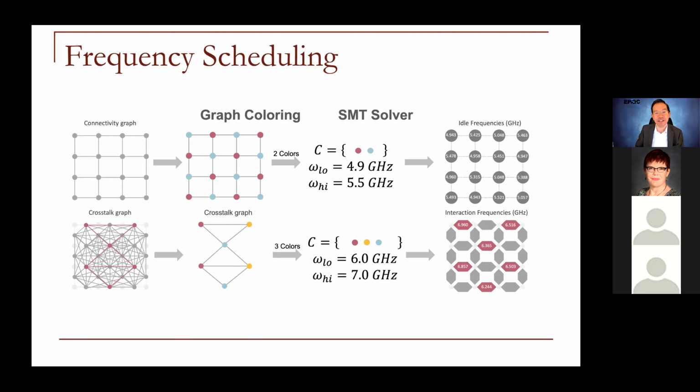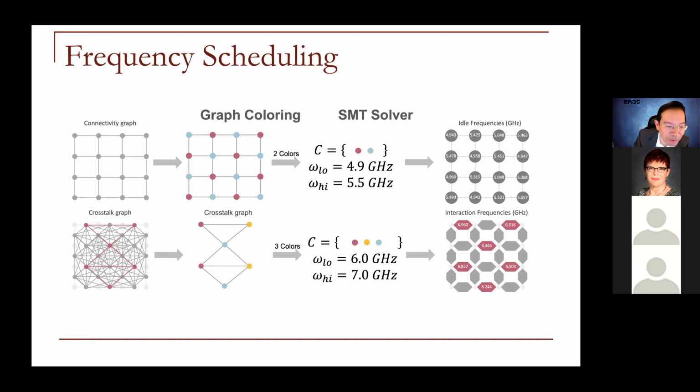And how do we do this? Well, we basically have two phases in our compiler where we take the connectivity graph of the machine and do a simple graph coloring that assigns frequencies to that machine in such a way that the idle frequency, or what we might think of as the parking frequency of each qubit, is not the same for neighboring qubits in the graph.